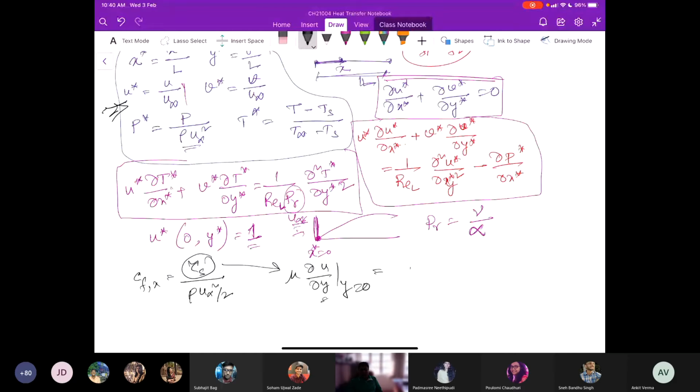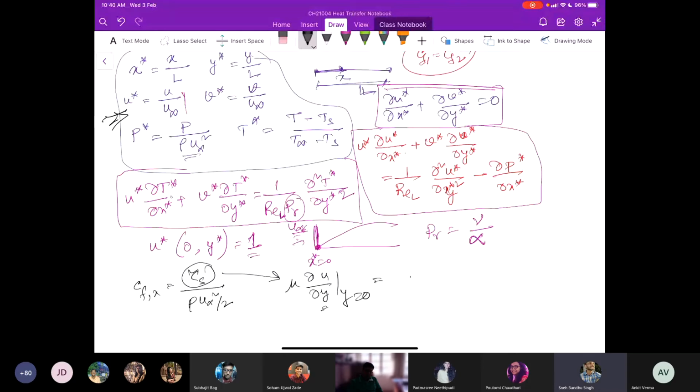Instead of y, you replace that y with y star multiplied by L. Okay, once you do that and you simply rearrange, what you get is something like this, at y star equal to 0.